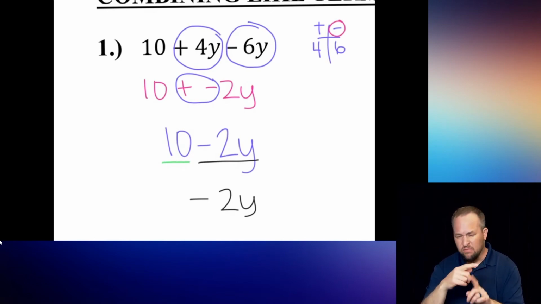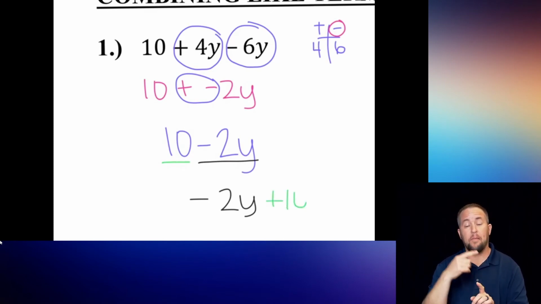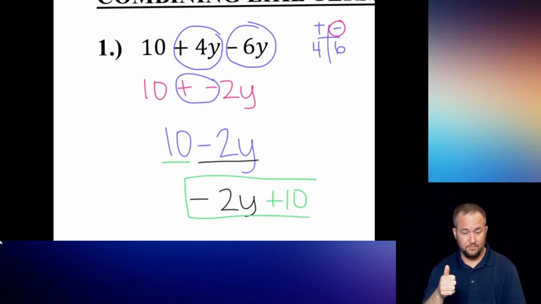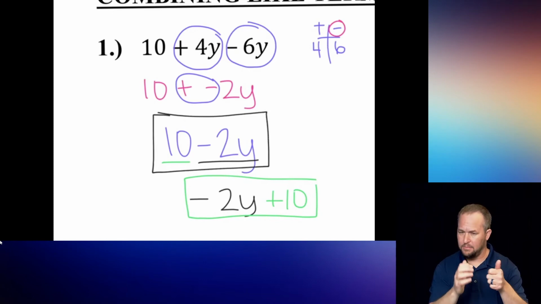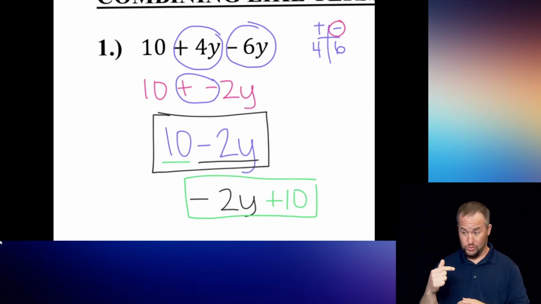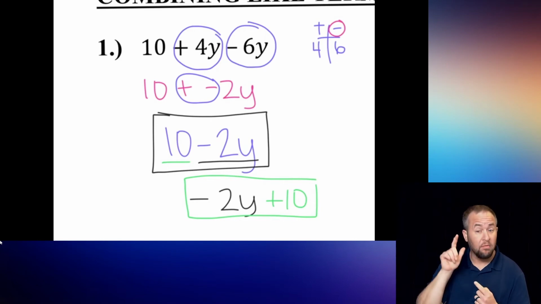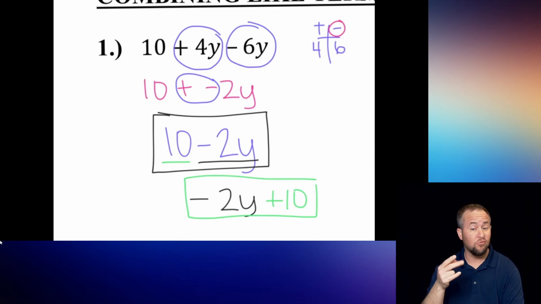So I know that I could write negative 2y plus 10, and this is going to be our final answer. But for now, you can always just leave this as well. But like I said, that is just in the green that I box in. That's just standard form. And here next year, you are just going to have to be aware that your 8th grade teachers are going to want you to have that in standard form.